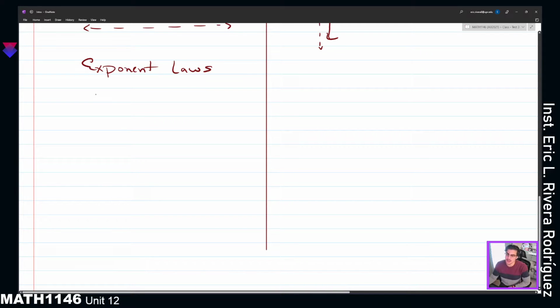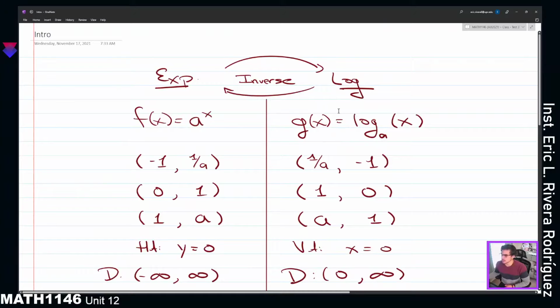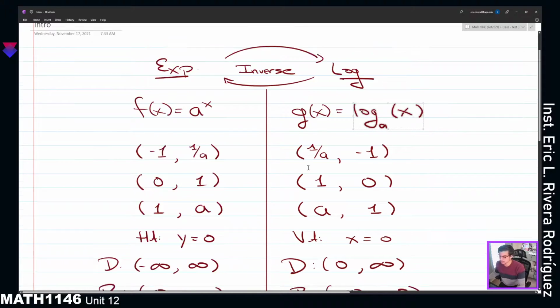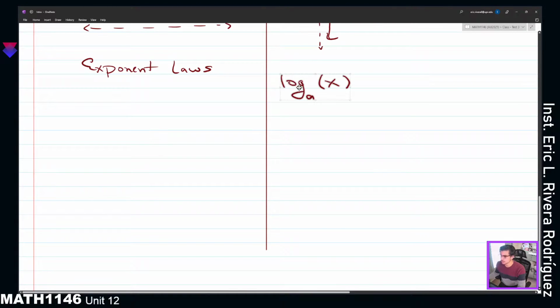For the logarithmic function, what we are going to use to solve logarithmic functions is the following question. Let me copy and paste this, because this is what we need. So log base a of x is asking for the following.